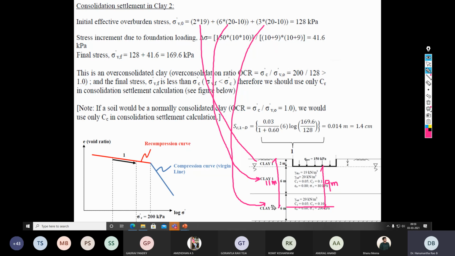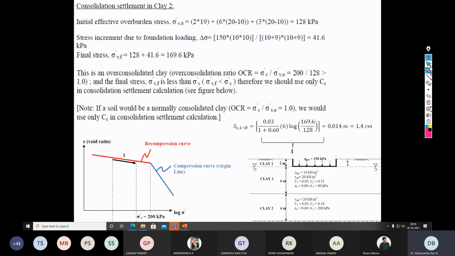number 2. Similarly, the value of delta sigma will also be different at the middle of clay layer number 2. So again you need to redraw the distribution of this load. Again try to calculate what is the width at the middle of clay layer number 2, following the load distribution of one horizontal to two vertical.